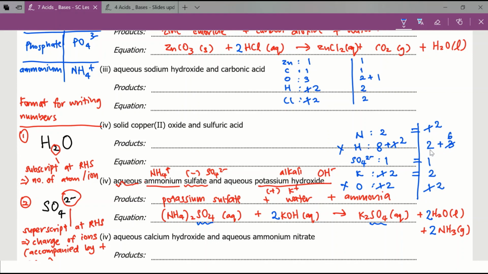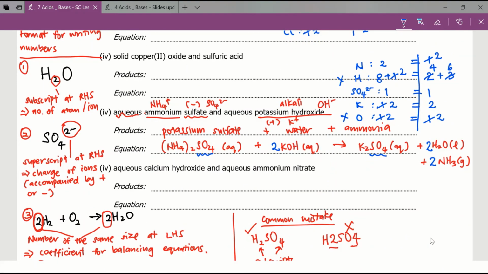So now instead of having 2 hydrogen here, it should be 4 because it's 2 times 2. Okay, so back to our numbers again. Oxygen is now balanced and hydrogen is also now balanced because on the left, I've got 8 plus 2 equals 10. On the right, I've got 4 plus 6 equals 10 as well. So this is how we balance our equation.